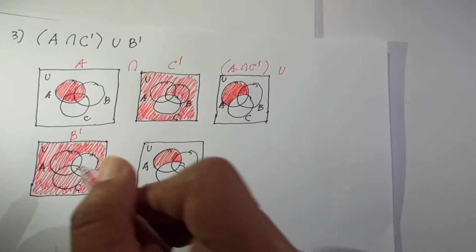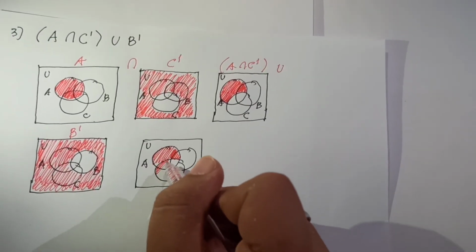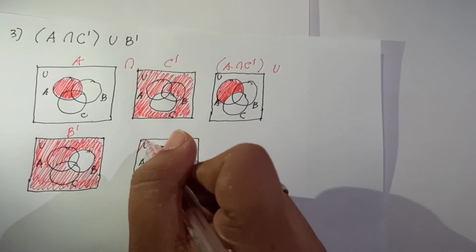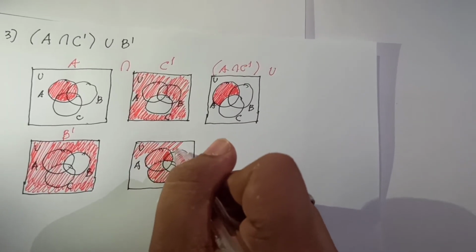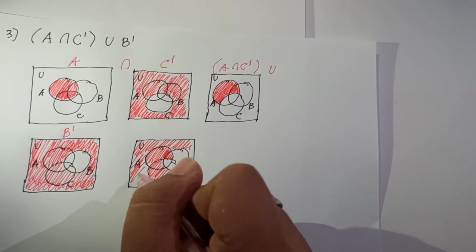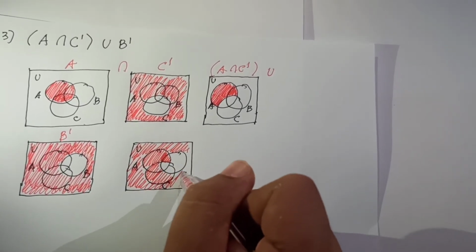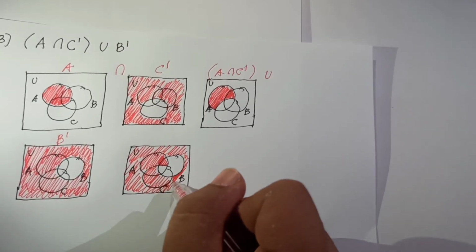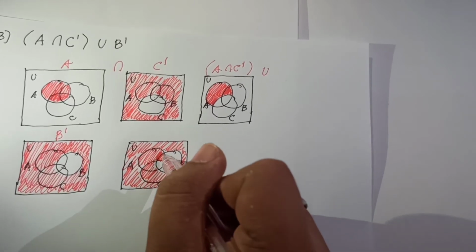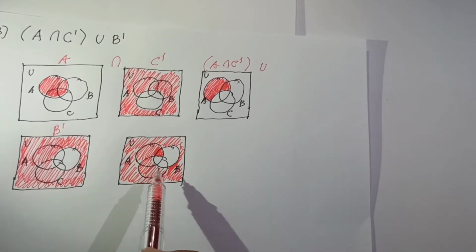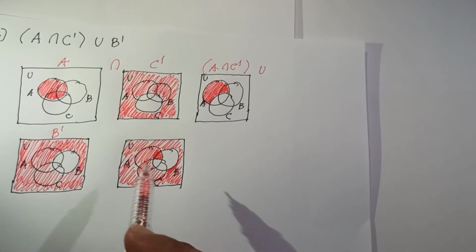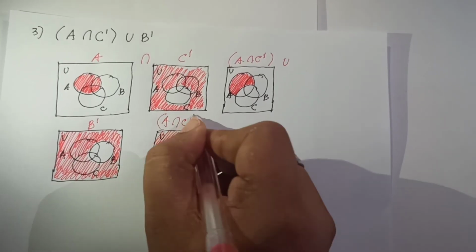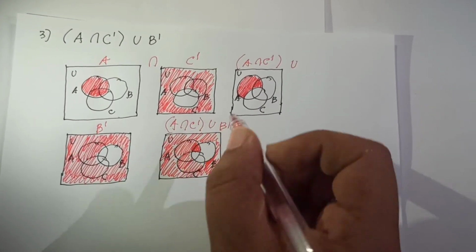Copy po siya at copy din ito. Okay, copy. And including its complement, ang nasa labas. Okay. So, included po ang nasa labas. So, not the shaded part is here. Ito lang po ang hindi na-shadean. So, therefore, this is A intersection of C prime, union of B prime.